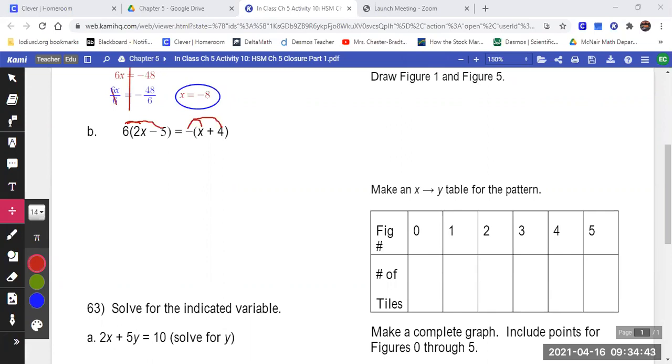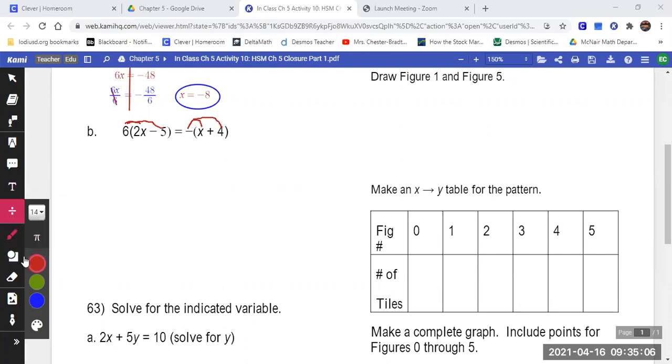Now what's in front of that second parentheses really, truly, that we don't see but we know is there? -1.